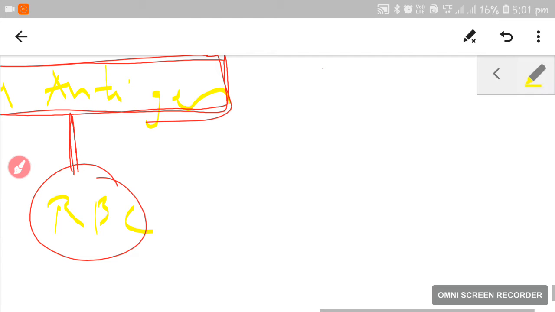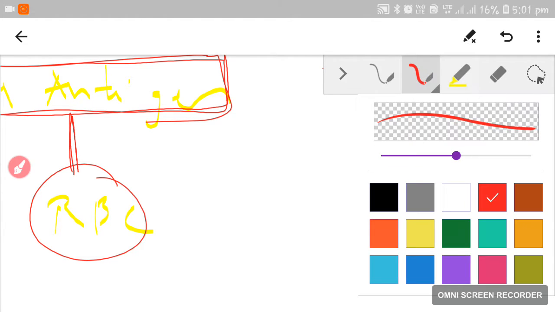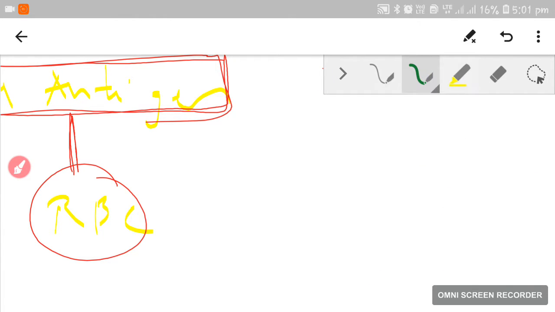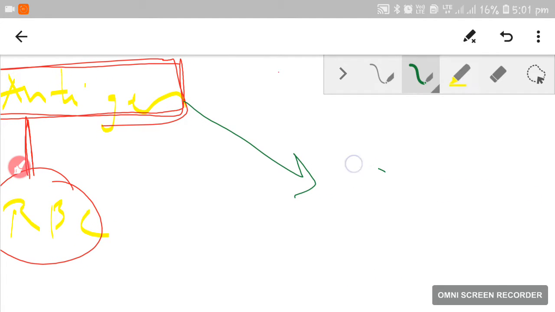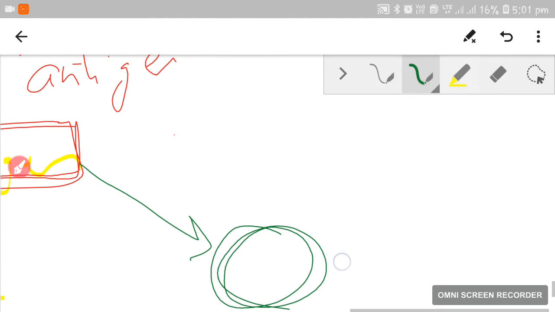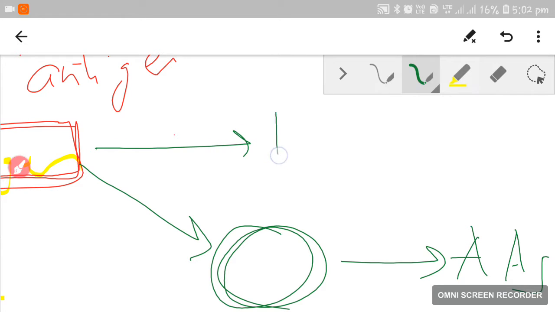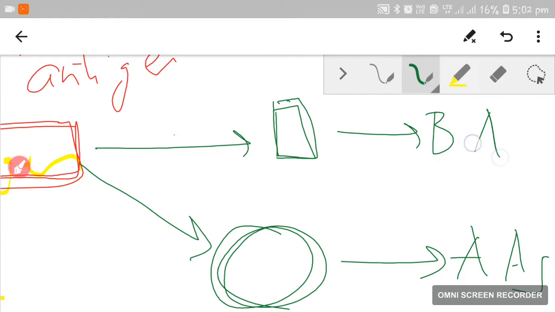Now, on this H antigen, the presence of a chemical will make it A antigen, and another chemical present on it will make it the B antigen.